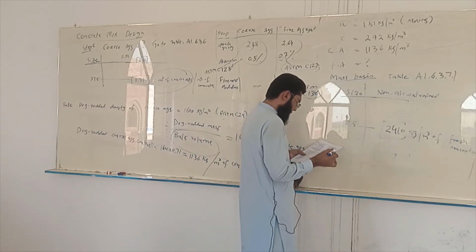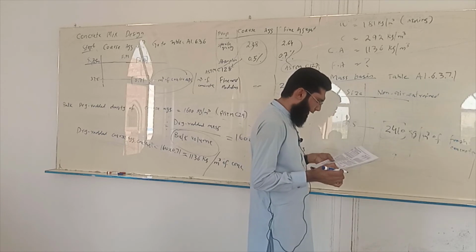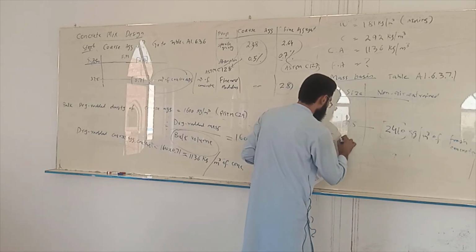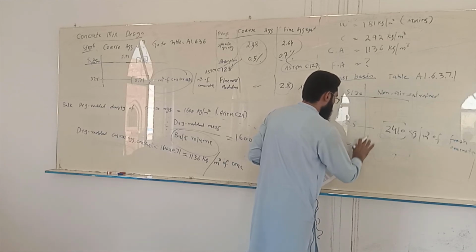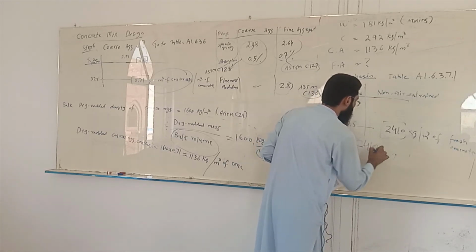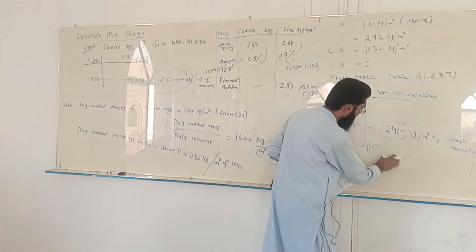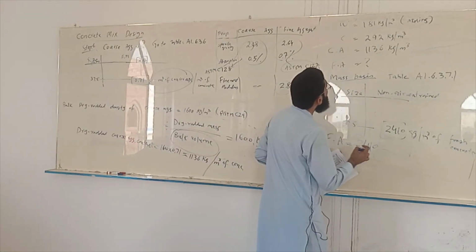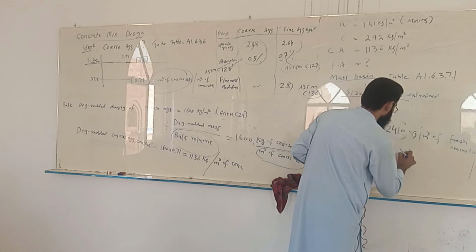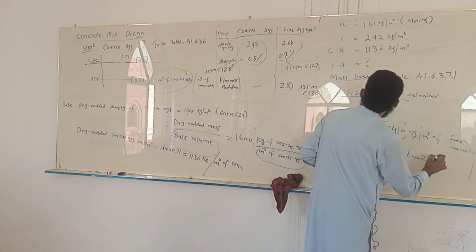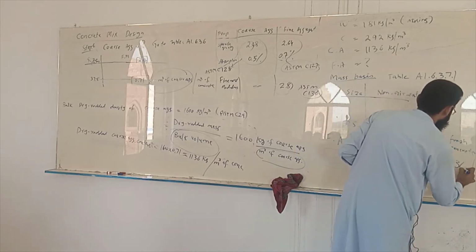Now, so it's simple. The mass of fine aggregate, therefore, is estimated to be 2410 minus 181 minus 292 minus 1136.